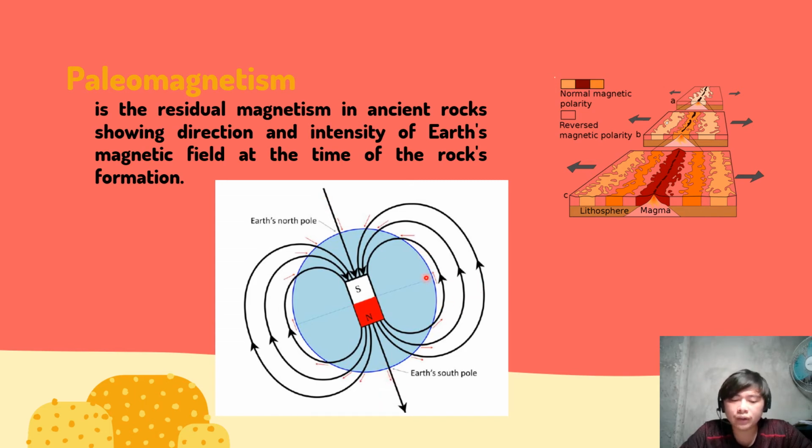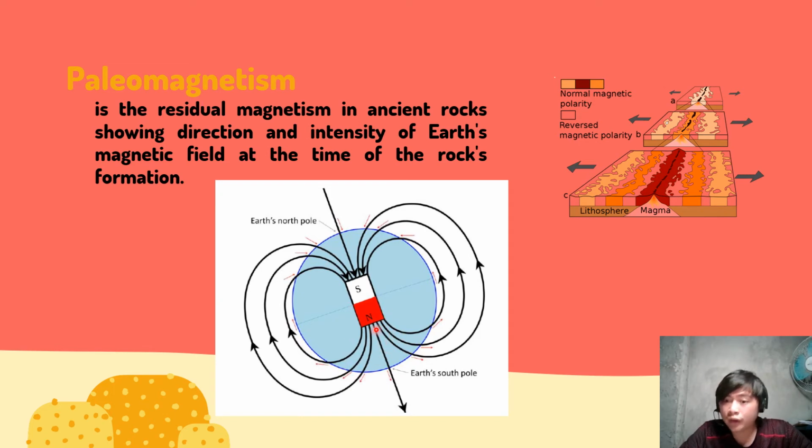Anywhere on the equator, the force is horizontal. And everywhere in between, the magnetic force is at some intermediate angle to the surface. So as you can see in the image, a depiction of the Earth's magnetic field as a bar magnet coinciding within the core.